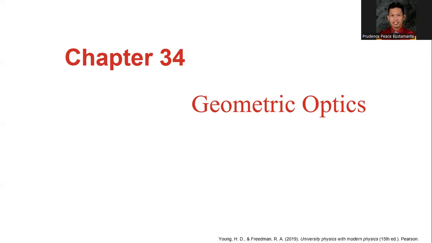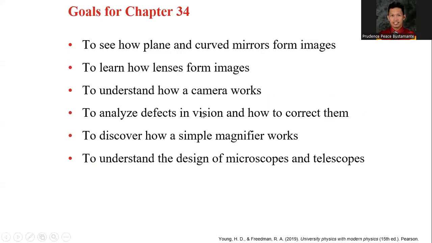Today we're going to discuss chapter 34, which is geometric optics. In this chapter, you will learn to see how plane and curved mirrors form images. You will learn how lenses form images also.